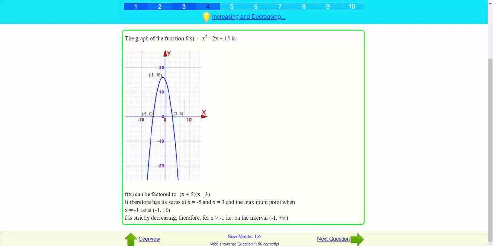Can be factored to negative x plus 5, and x minus 3.